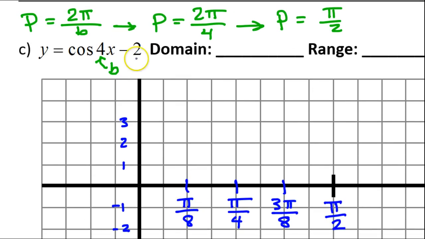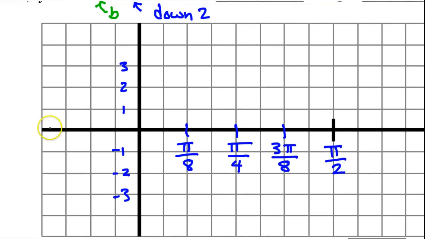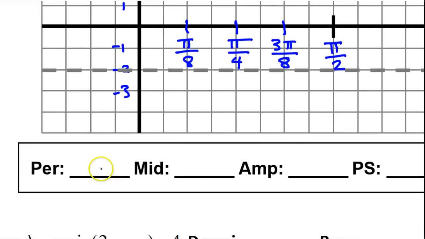Now, this -2 on the end is a translation down 2. That means we're going to have a new midline. Instead of the midline being the x-axis, the midline is going to be down 2. Okay, so here's my midline. So let's write this down. We have a period of pi over 2.